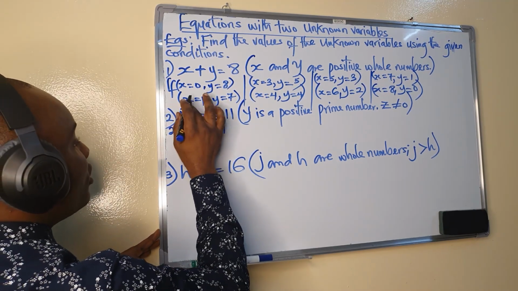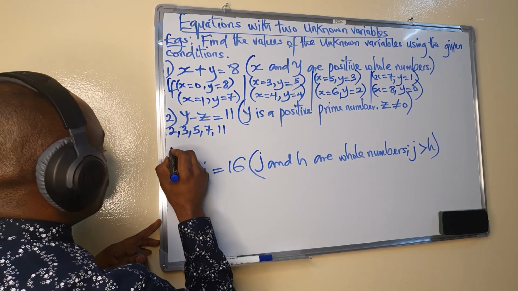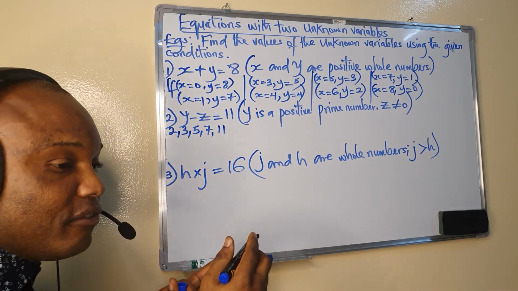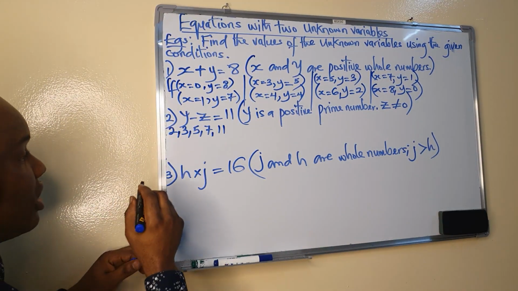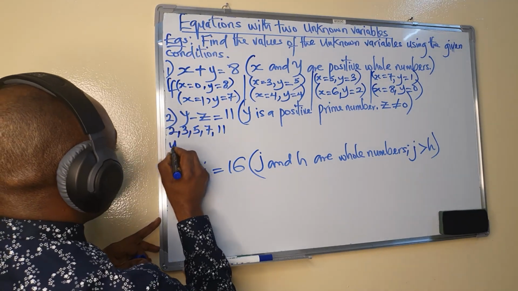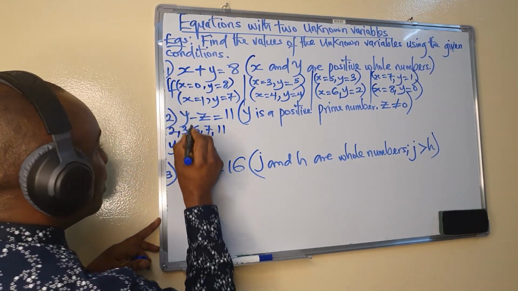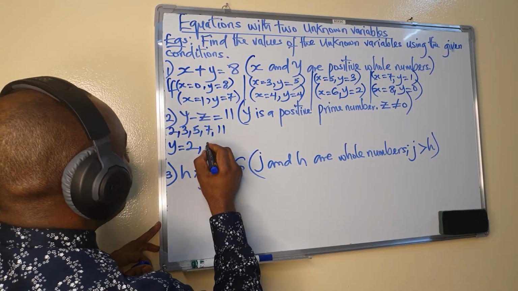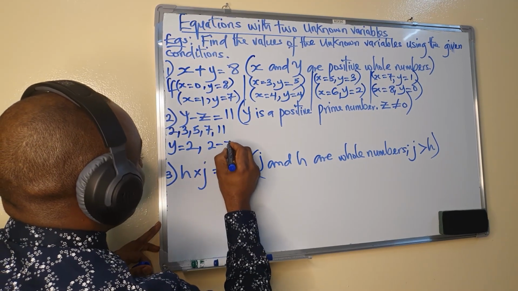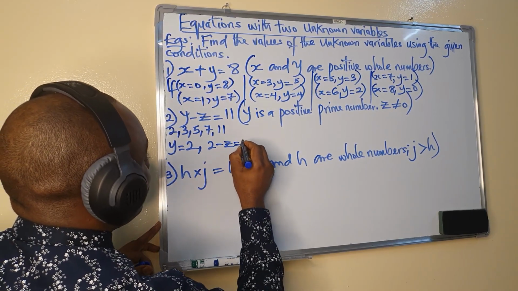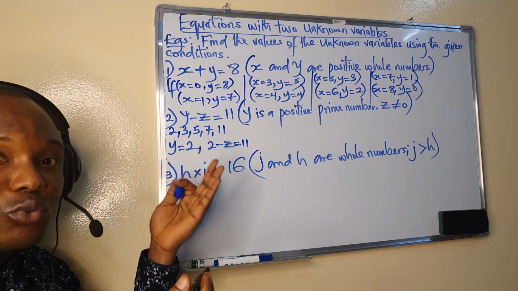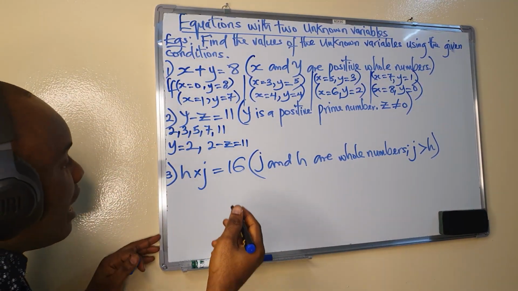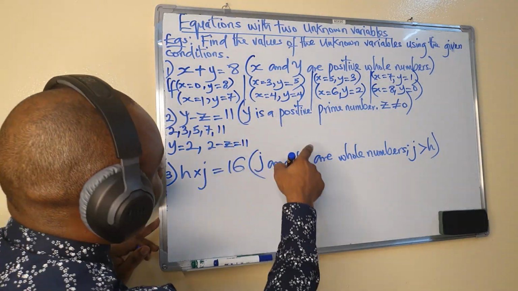If you remember your operation earlier, where we said that negative multiplied by negative is going to give us positive, that will help us in this case. So we can say when y is equal to 2, this condition will now become 2 minus z is equal to 11. Watch. With your scale of equation, which we just solved not long ago, I can choose to take this 2 to the right hand side.